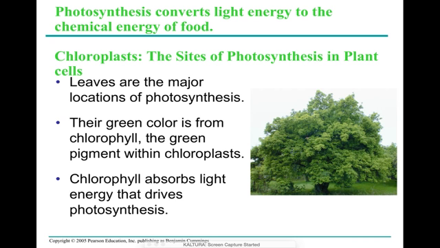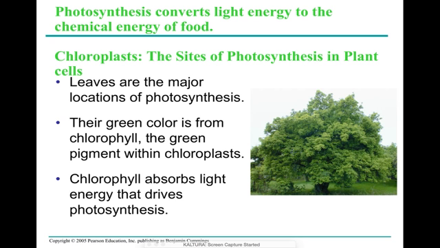So the site of photosynthesis is always the chloroplast in a eukaryotic organism, which is plants and algae and protists. And the site of photosynthesis in cyanobacteria will be the entire cell, because as I said, it itself is a chloroplast, right? Okay.